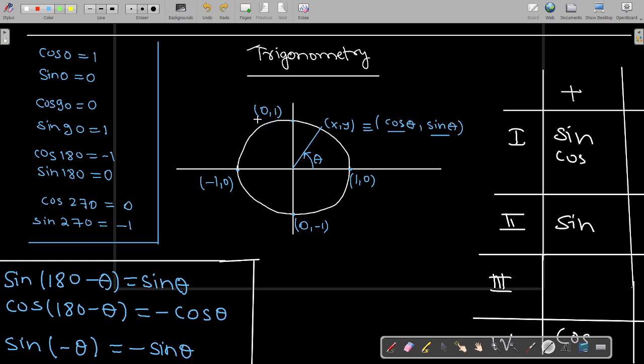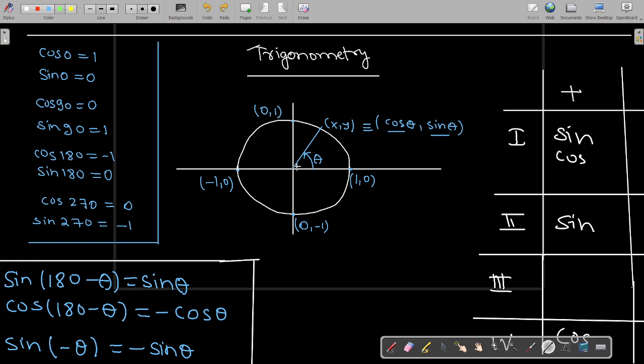Then what is tan? Tan is the ratio of those two values, y over x. It's not something you can visualize on the unit circle.